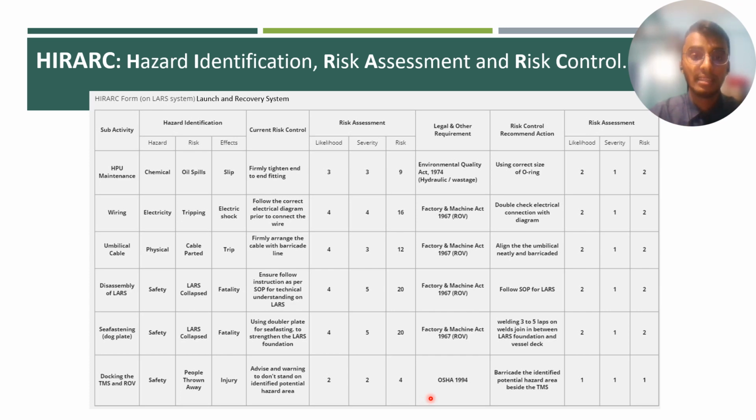And the legal and other requirement for it is OSHA 1994, and the recommended risk control action is to barricade the identified potential hazard area beside the TMS, and the risk assessment after the action taken is likelihood 1, and the severity is 1, and the risk calculated is 1.